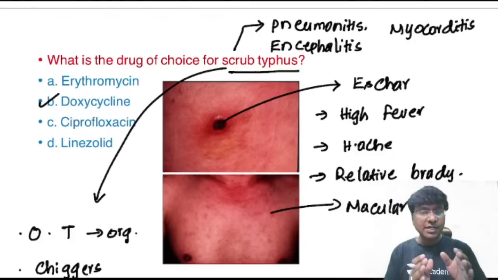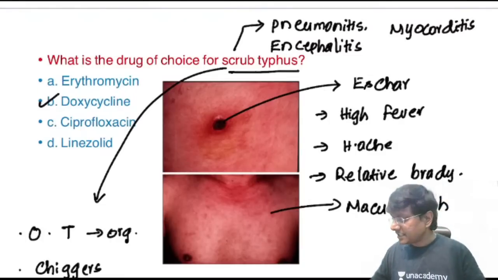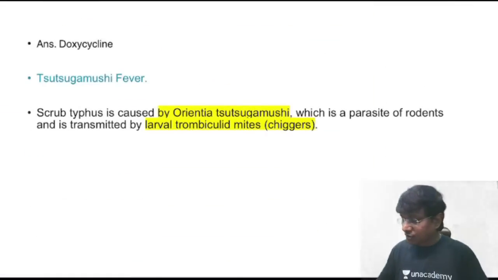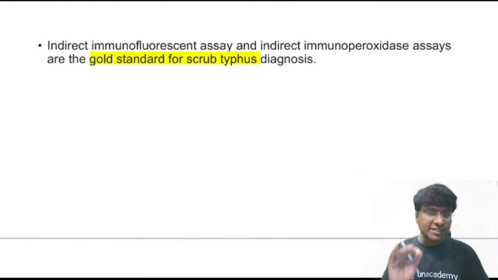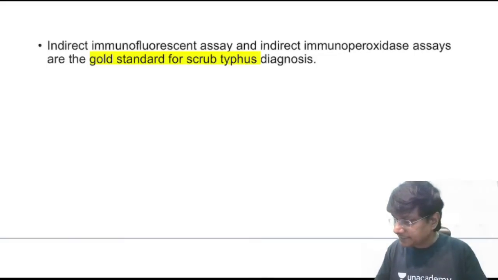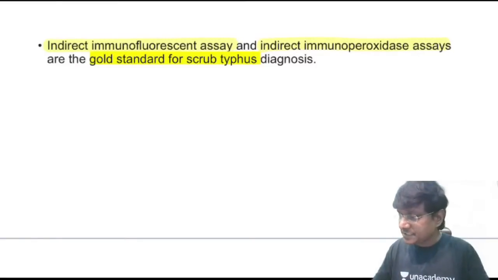Now you need to know how will you diagnose this particular scrub typhus? What is the gold standard investigation? Can anyone tell me? The gold standard investigation for scrub typhus is indirect immunofluorescent assay and indirect immunoperoxidase assay. Now, what is the drug of choice for scrub typhus?